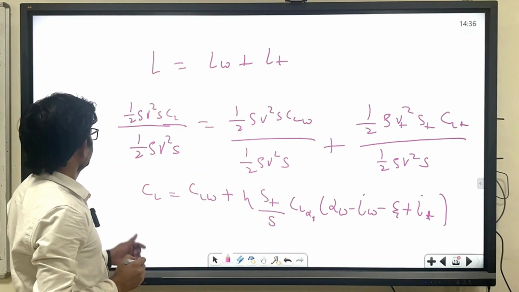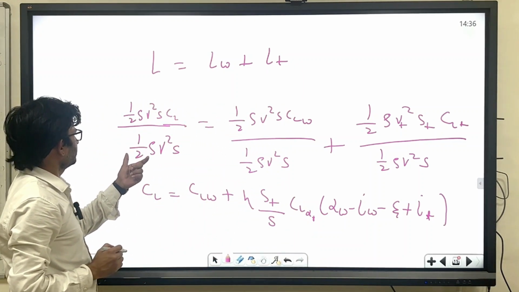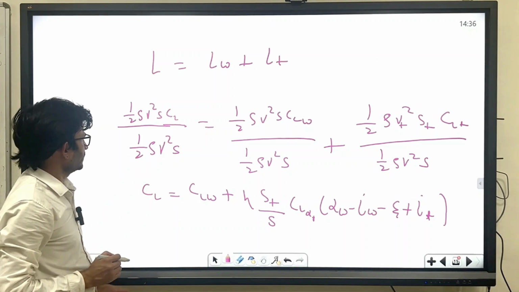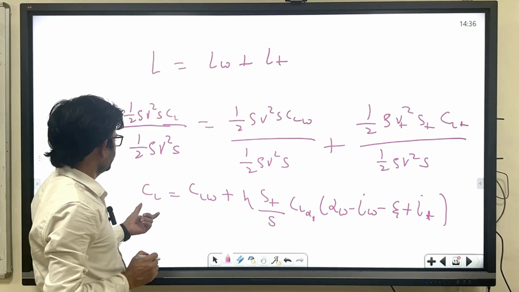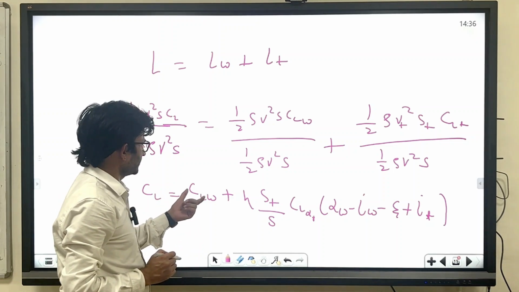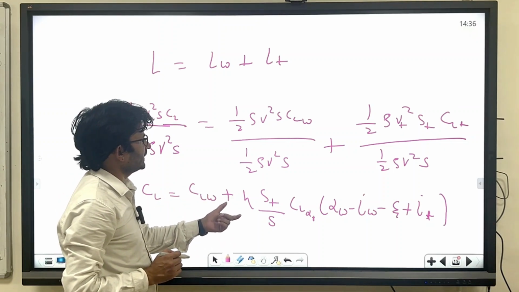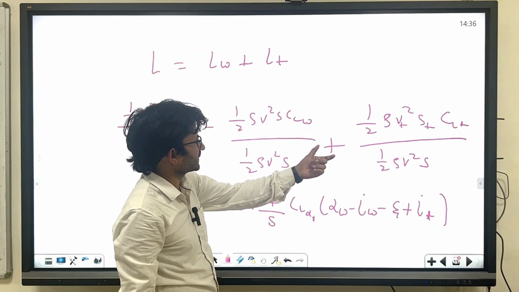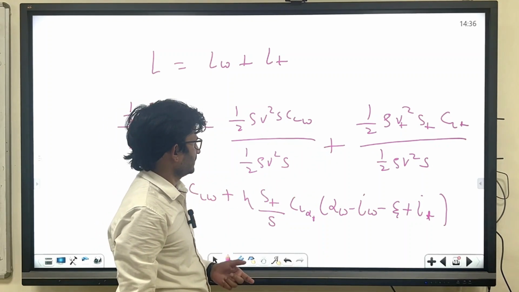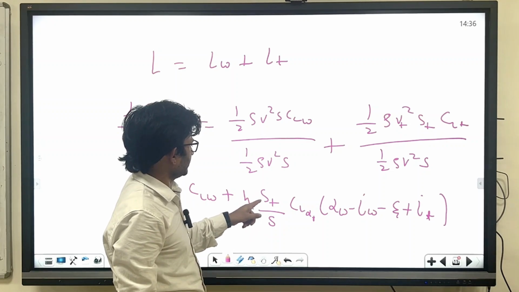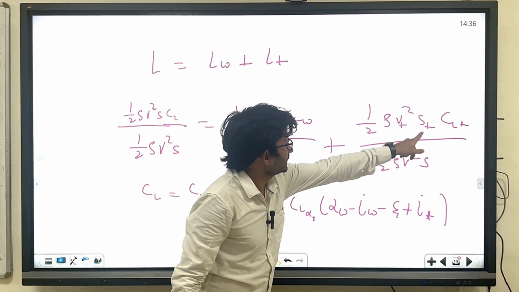You non-dimensionalize this by dividing by half rho V square S. So on the left hand side you will have CL, and on the right hand side you will have CLW plus eta. Eta is the ratio of the dynamic pressure at the tail, half rho Vt square, to the dynamic pressure of the wing. Then St by S appears here.